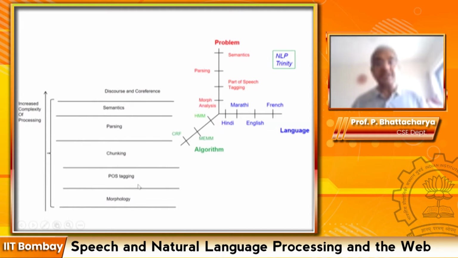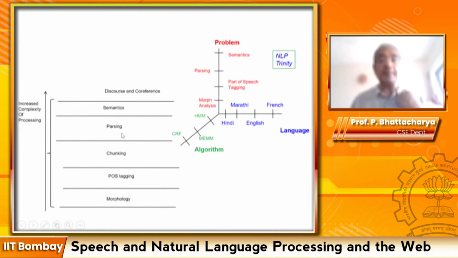One can say that machine learning can do a lot of work at the lower levels of part of speech tagging, chunking, morphology. But when we begin to take up higher level NLP tasks, then it has to be a combination of human level intelligence and machine intelligence. Okay, they have to work together. Only machine learning will not do, only linguistics and language phenomena will not do. It has to be a combination.